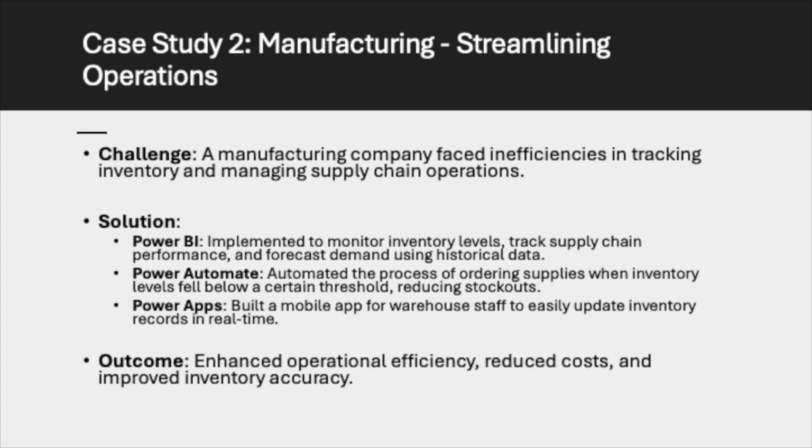Solution using Power Automate: automated the process of ordering supplies when inventory levels fell below a certain threshold, reducing stockouts. And the solution using Power Apps was to build a mobile app for warehouse staff to easily update inventory records in real time. The outcome was enhanced operational efficiency, reduced cost, and improved inventory accuracy.